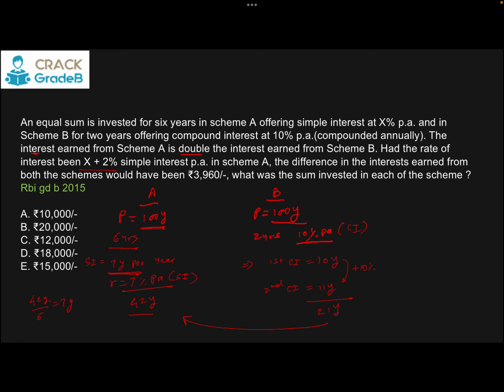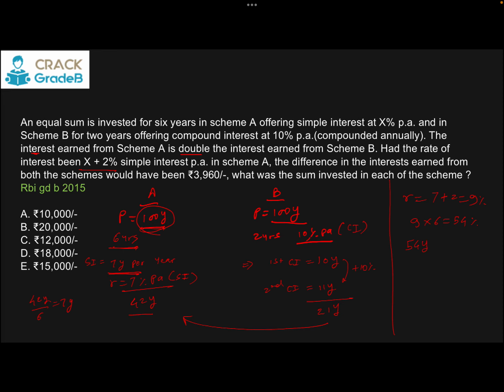Now they say if rate of interest is increased by 2%. So now if rate of interest becomes 7 plus 2, that is 9% per annum, the difference in the interest earned from both schemes would have been now 3960. So for 6 years, we are going to get 9 into 6, 54% of our principal, that is 54y.